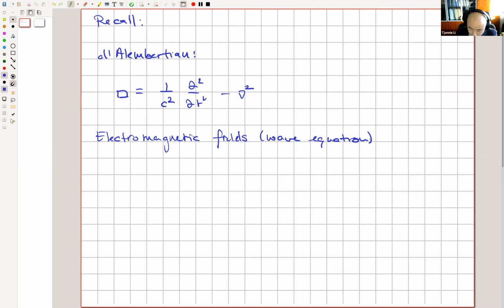A hint, or at least a starting point. So indeed, the box operator, which is intimately connected to the wave equation. So here we're dealing with box E equals.